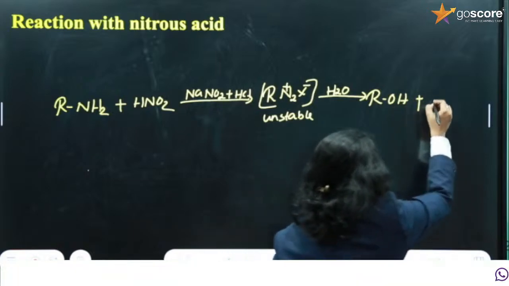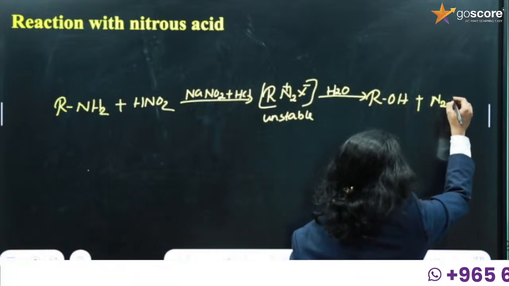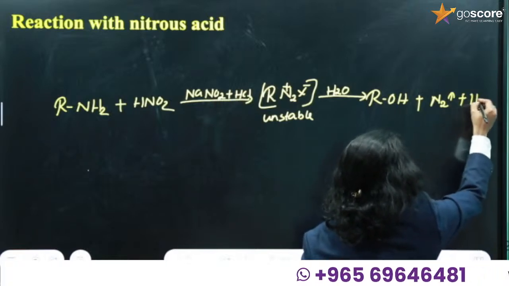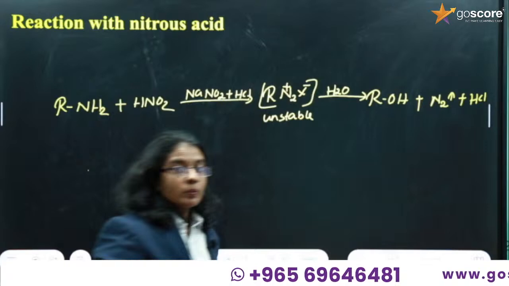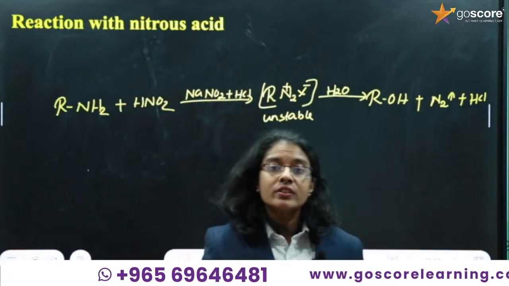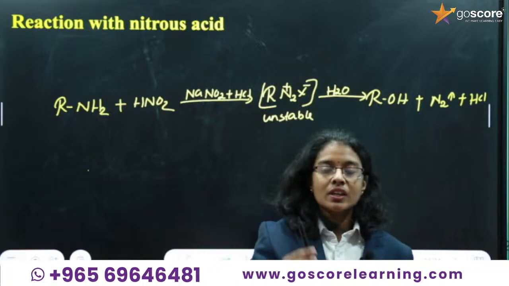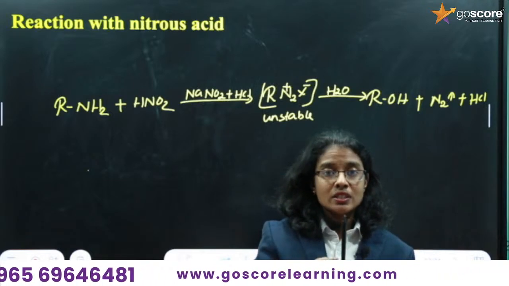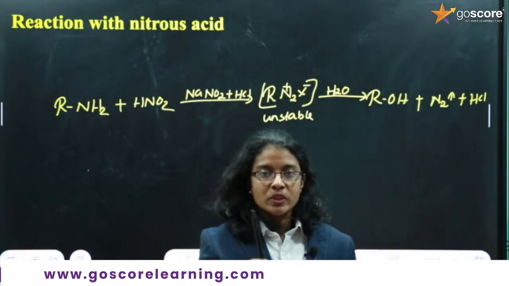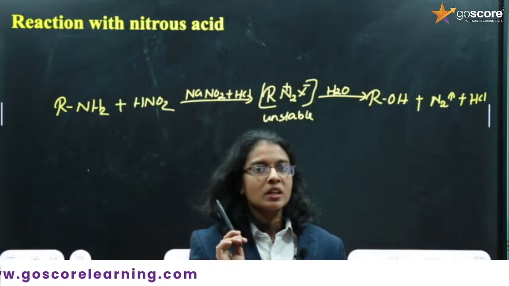Along with that, nitrogen gas is liberated, and HCl. So suppose this is a test tube, you add nitrous acid to it, you can see nitrogen gas is evolved in the test tube. From that, you can confirm that it is aliphatic primary amine.